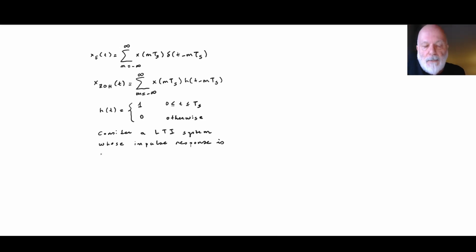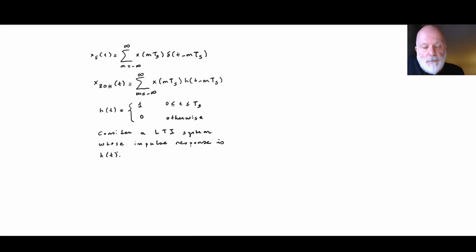If we apply xs of t as the input signal to this system, we are going to obtain x ZOH of t at the output.